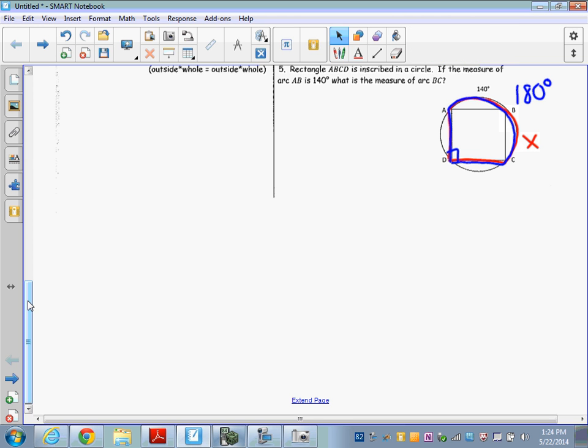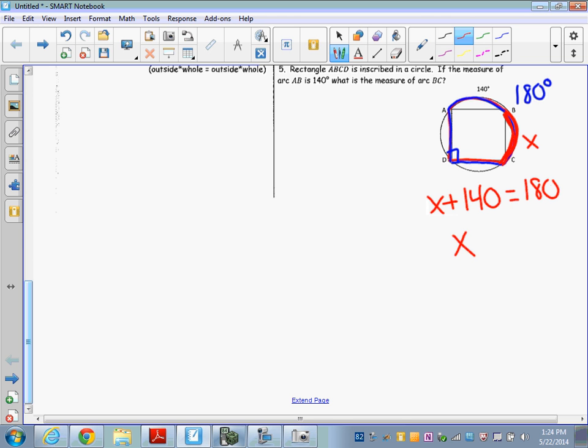Everything in blue, plus the X part, which is just this little part right here, whenever I add those two up, it equals 180. So X has to equal 40.